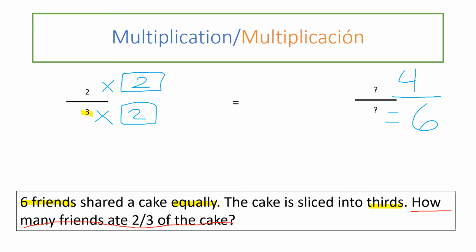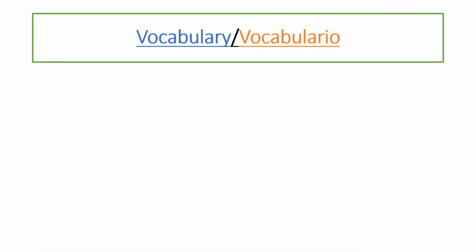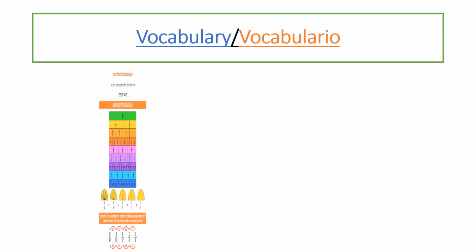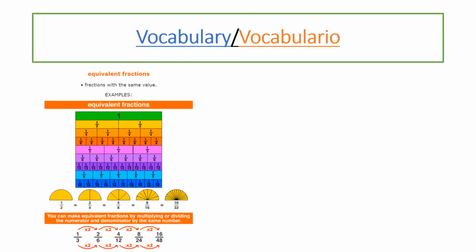Remember, equivalent fractions have a different number of parts, but they are what? The same size, and we represent that with the equal sign. This is important to remember. Let's go back to our vocabulary. Remember, we talked about equivalent fractions. Equivalent fractions are fractions with the same value, meaning they have a different number of parts, but they have the same size.